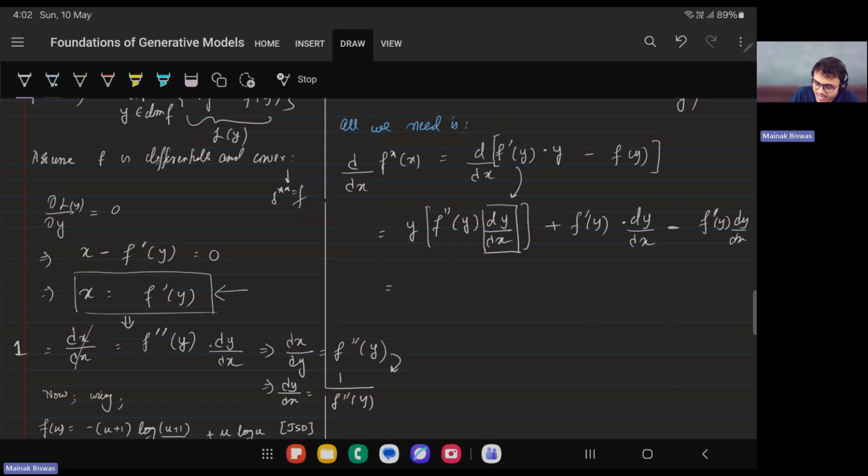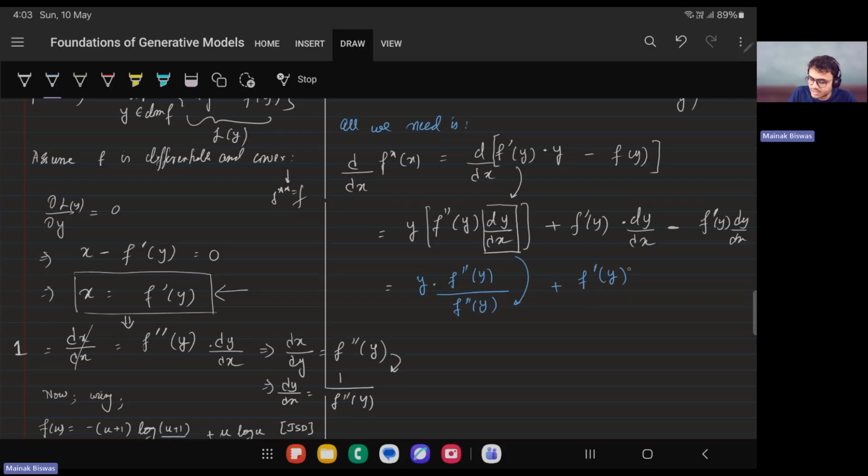And once I write that, I can put this value as y into f double dash y by f double dash y, plus f dash y into dy/dx. So we know what is f dash y into dy/dx. We know dy/dx is, am I doing this correctly? So the derivative of y with respect to x, yeah, I think this is fine.